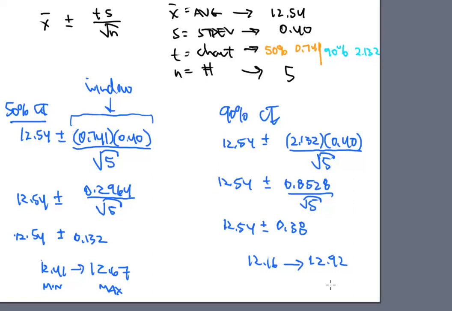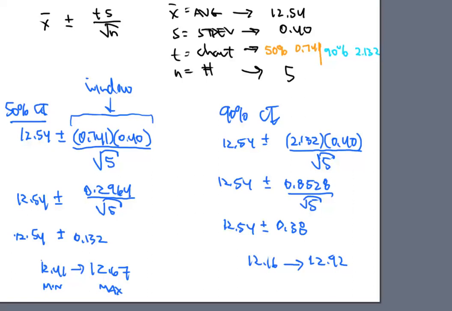And this is how you will pick a window or a confidence interval to report. Again, keep in mind, this question told you which ones to use, 50 and 90. If it does not tell you which ones to use, you use 95 by default every single time. So when a question says calculate the confidence interval or calculate the confidence limit, this is the process that you go through.